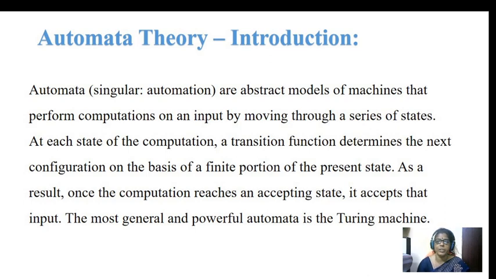It should not accept, right? It should not move to the next state. It rejects the card, and if the pin number is wrong, it will tell you. Sometimes it accepts when the pin number is correct, right? It accepts the input. The most general and powerful automaton is the Turing machine.